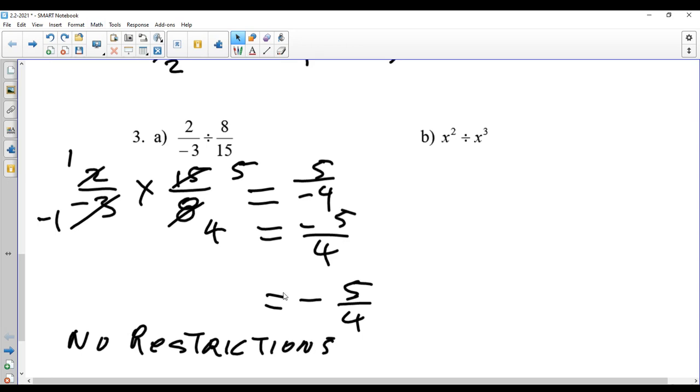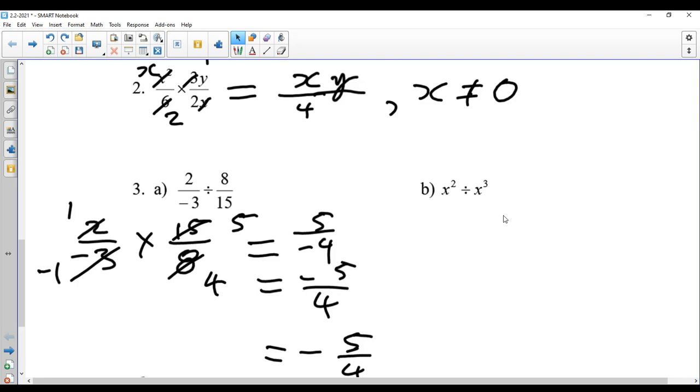Okay, let's get to this. X squared divided by x cubed. So I'm going to do what we've always done. What do you want to tell us? Yeah, go ahead. We could just simply subtract, to be honest with you.